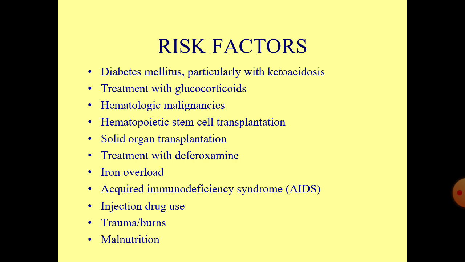So the risk factors for these patients, either patients we mostly see in the medical wards or other wards: those patients who have uncontrolled diabetes, or those with diabetic ketoacidosis, these patients are particularly liable for mucormycosis.